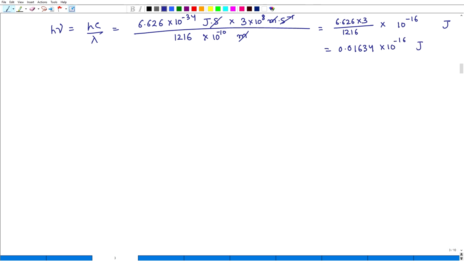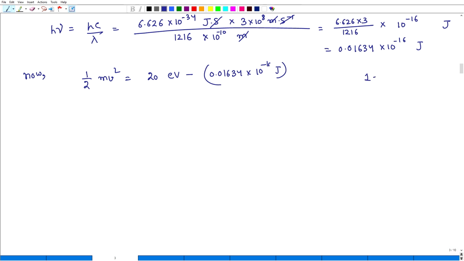Okay, so this is the h nu. Now we can also shift the decimal point by changing the power of 10. So now half m v square we can write as 20 electron volt minus 0.01634 into 10 to the power minus 16 joule.